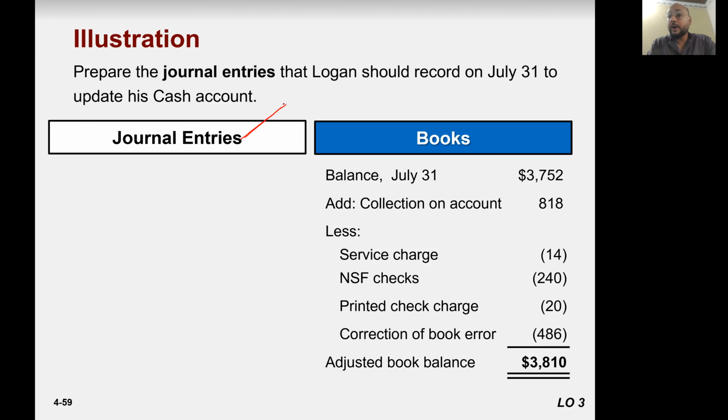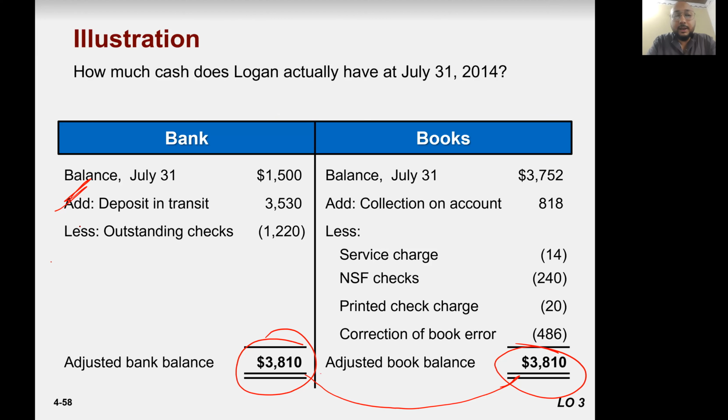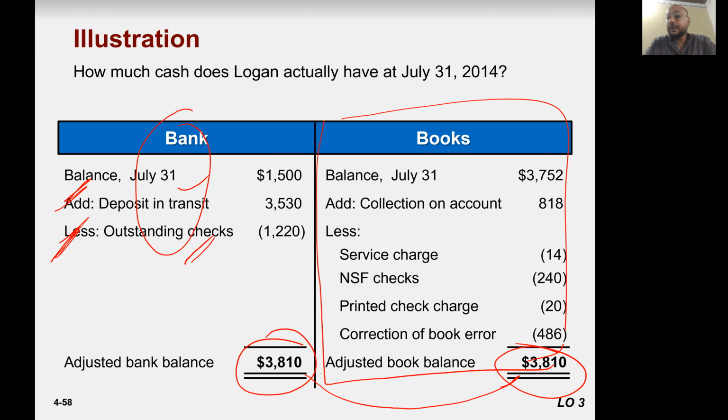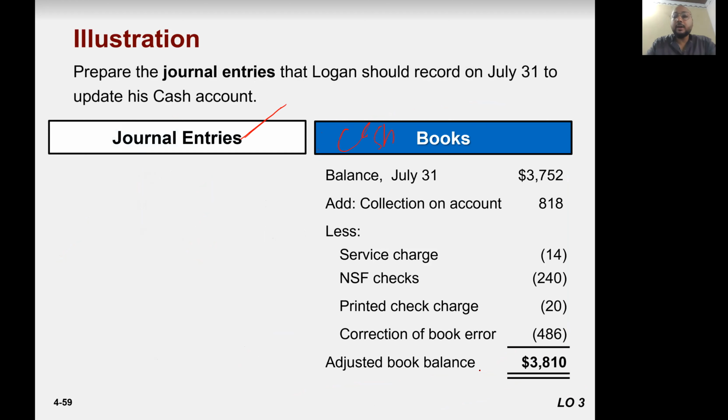So we will be recording what we missed. Many students ask, why don't we make entries for the deposit in transit and outstanding checks? Because this is a matter for the bank, not us. We are only responsible for maintaining our books, not the bank's books. So we will be recording our own entries.